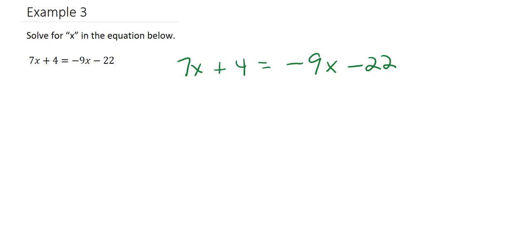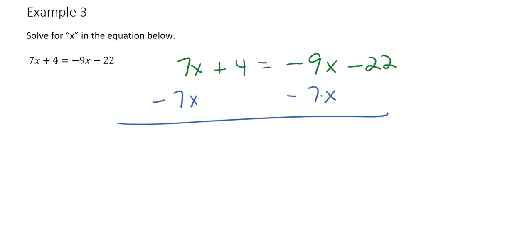In this example, I'm going to show you how you could have done it differently, by subtracting 7x on both sides. So 7x minus 7x is 0, plus 4, that's on the left-hand side. Now we have minus 9x minus 7x, that's minus 16x, and then minus 22. We just bring that down because we didn't do anything with it.